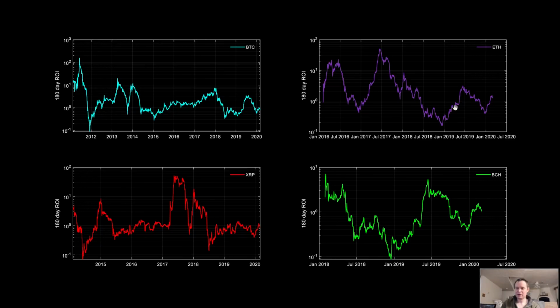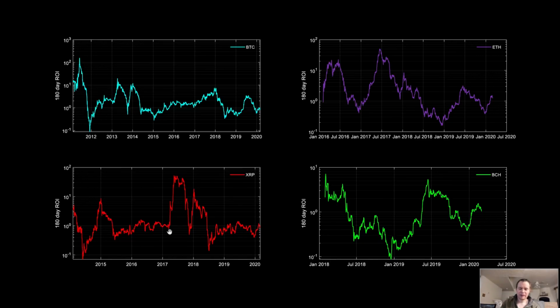And then in 2019, it peaked at around 3x. And currently, it's between 1 and 2. So its 180-day ROI is between 1 and 2. So it's still pretty low compared to what we've seen in the past, with peaks as high as 20 or 50.